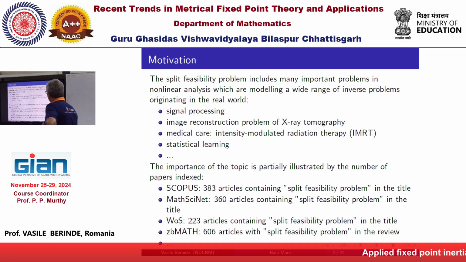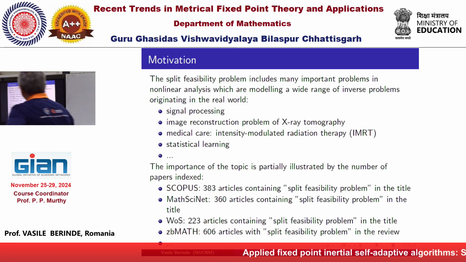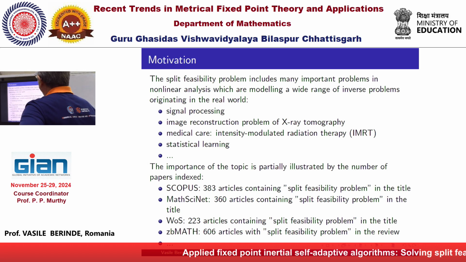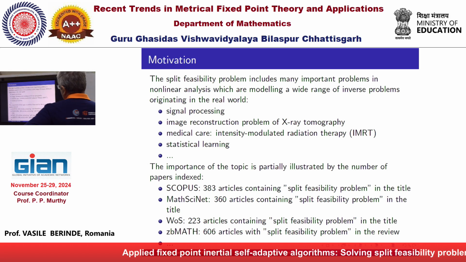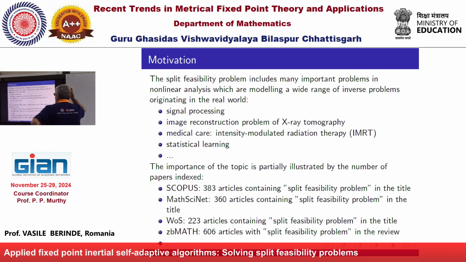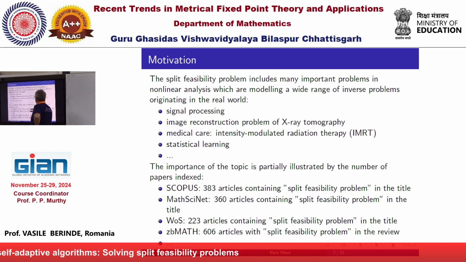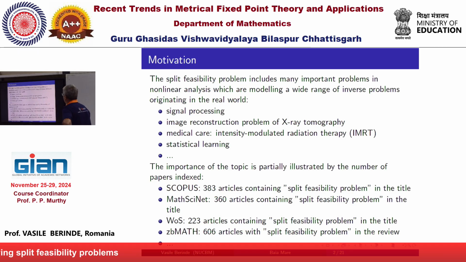You can have a look at what I extracted here from 4 important databases. In Scopus, you will find this number of articles containing these 3 words, split feasibility problem, in the title.